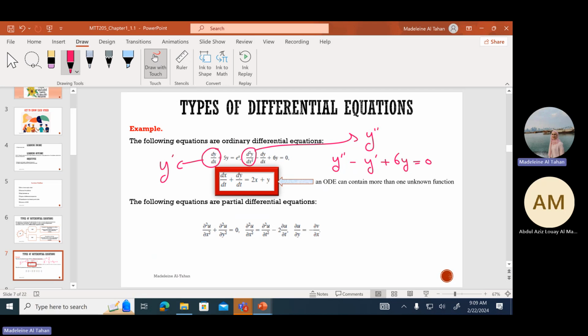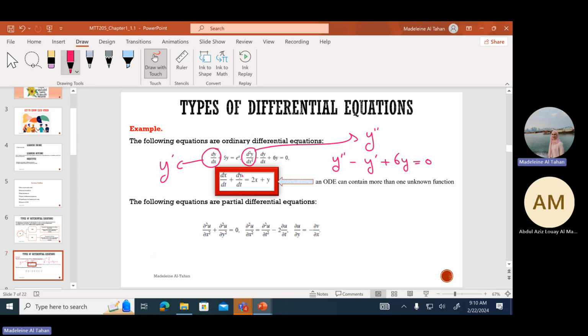What are the unknown variables? x and y. So it's okay to have more than one variable, but during the first two or three chapters, we will be using only one unknown function, y. Of course, if they are different variables, it will not be an ordinary differential equation. So this is regarding ordinary differential equations.